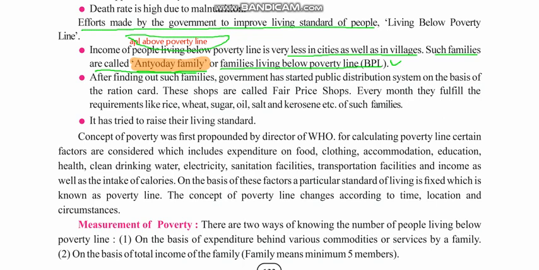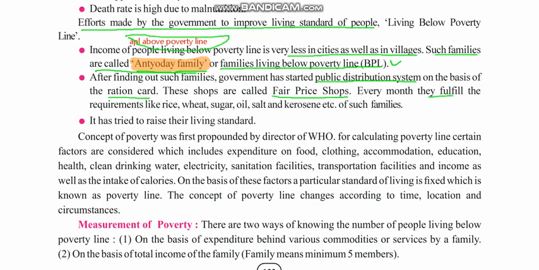After finding such families, the government started the public distribution system. It is known as PDS. Public distribution system means rationing on the basis of a ration card. These shops are called fair price shops. Fair price shops are basically the ration shops around you which give grains and essential commodities at very nominal rates.